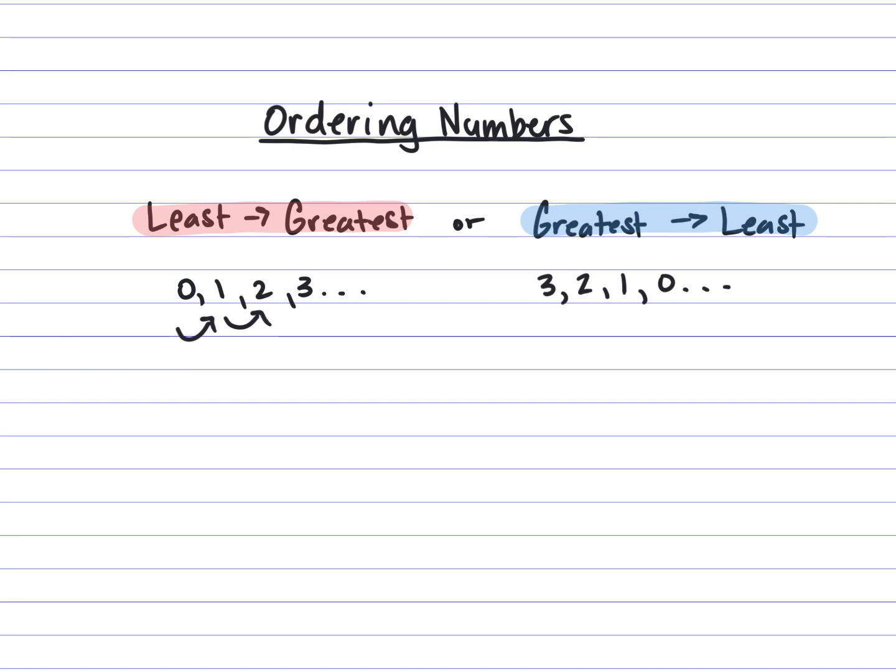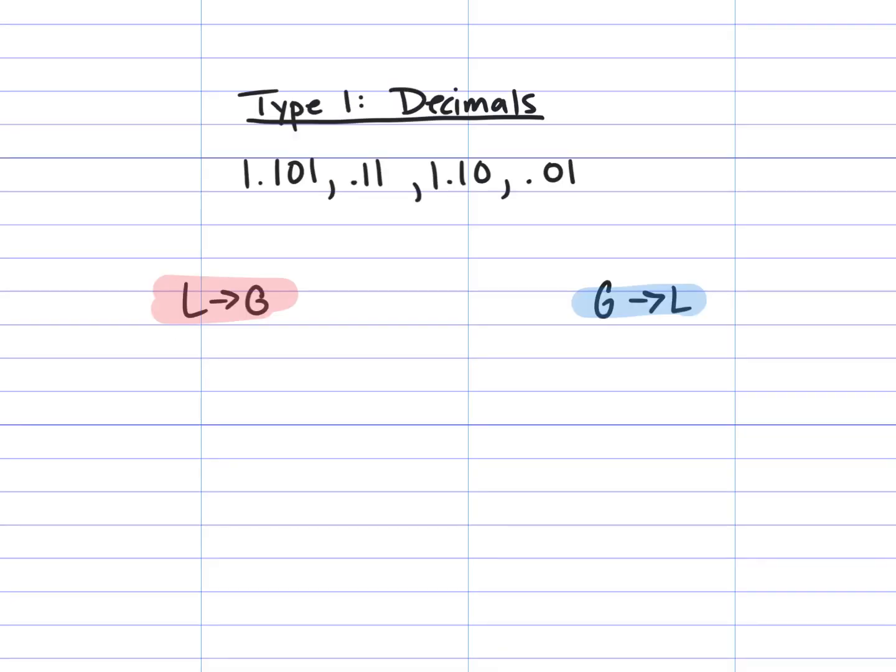There are 4 types, and the first one I want to look at with you is decimals. So we have 1.101, 0.11, 1.10, and 0.01. Now, this goes back to our place values. If you know the place values, then that's all we're comparing here.